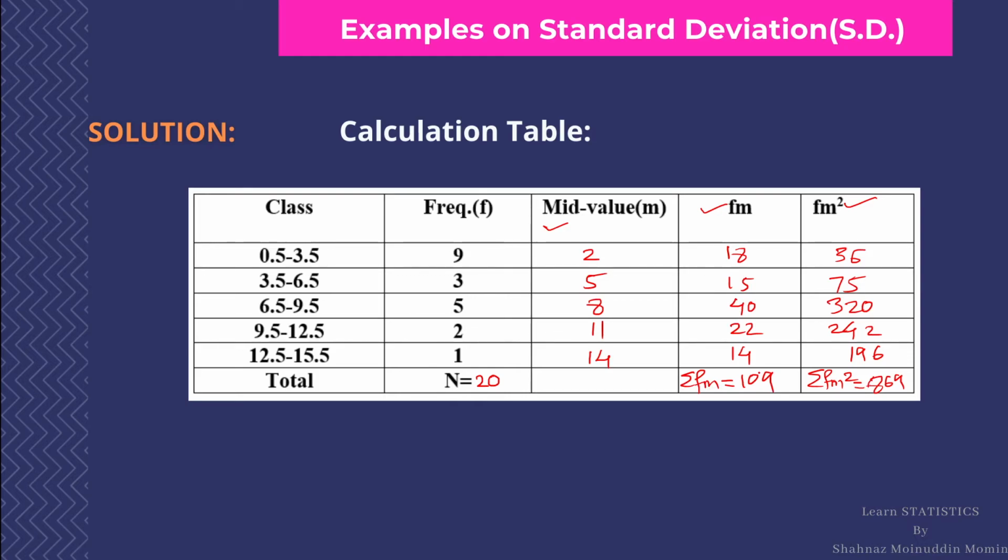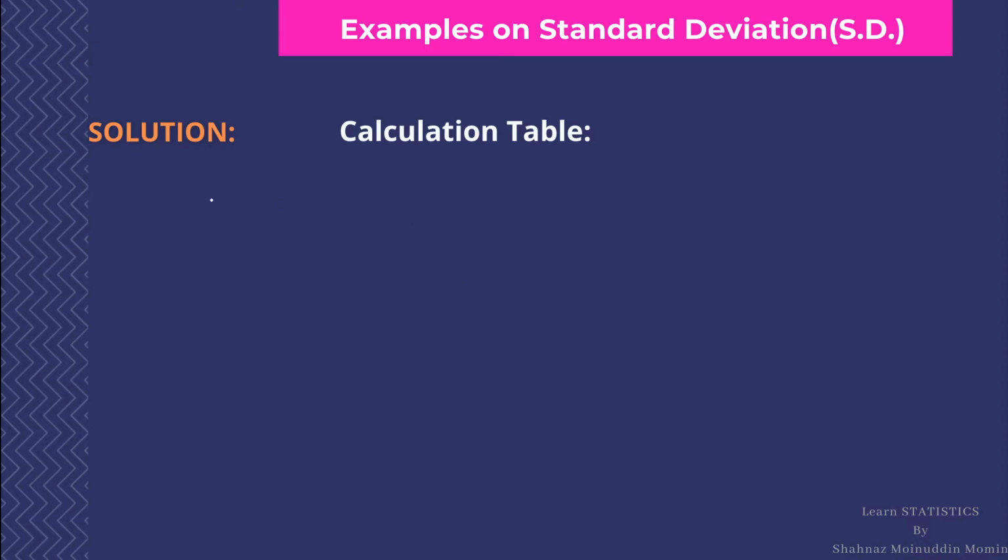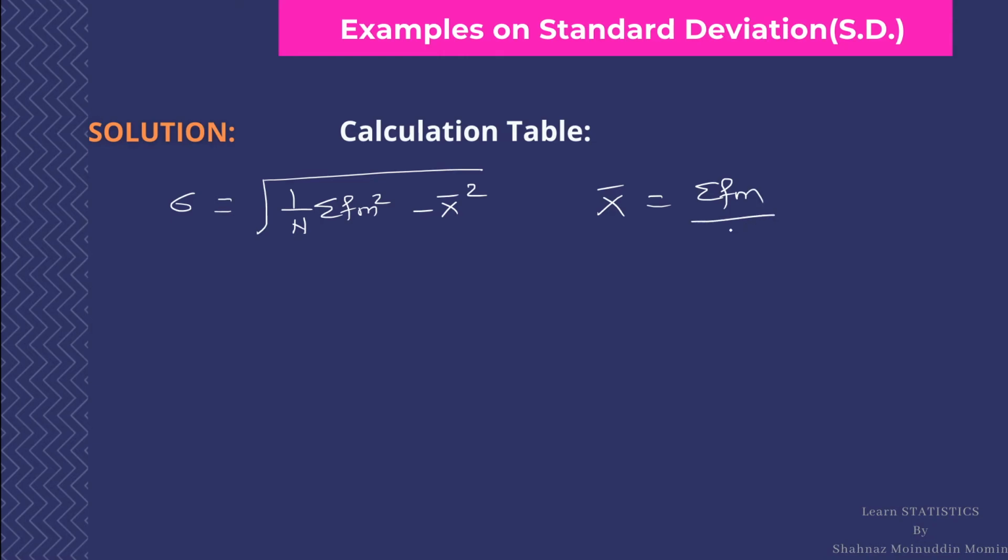The formula for standard deviation in case of continuous data is sigma standard deviation is equal to under root 1 upon n summation f into m square minus x bar square, where x bar is summation f into m divided by n, that is equal to 109 upon 20, and it is 5.45.